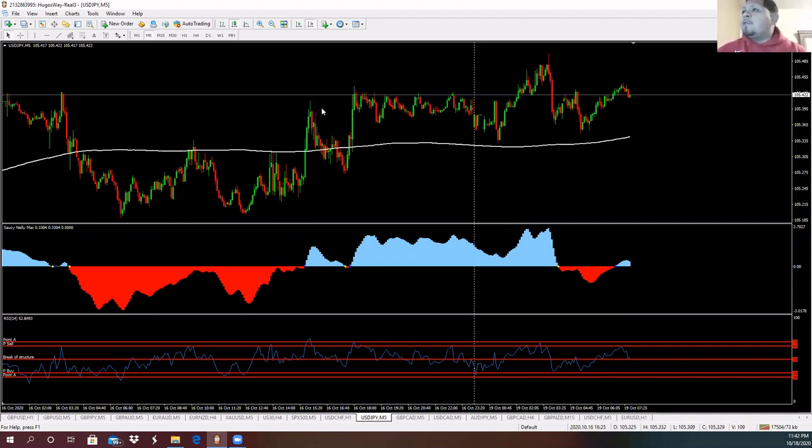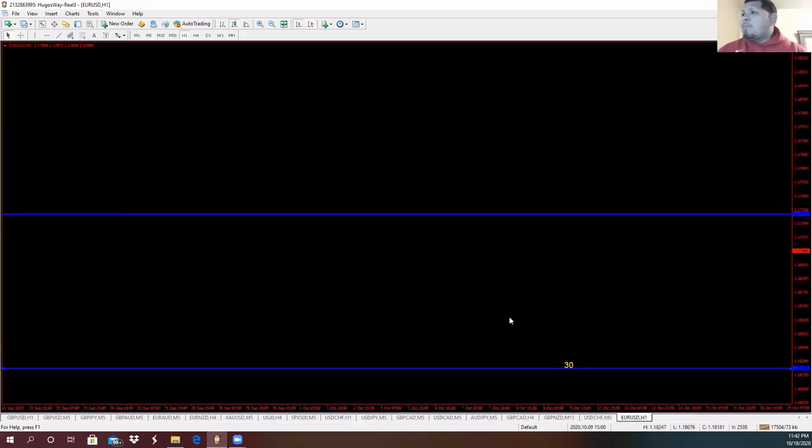What I want to do, guys, is show you one of the main confluences that the Nelly Mac is based off of, and that is going to be divergence. The Nelly Mac is a 5-minute scalping system.